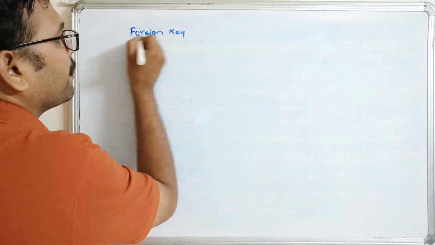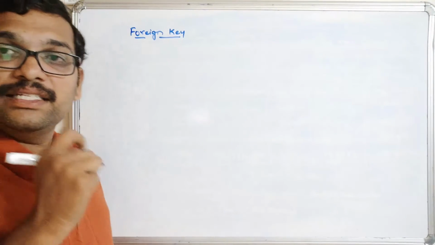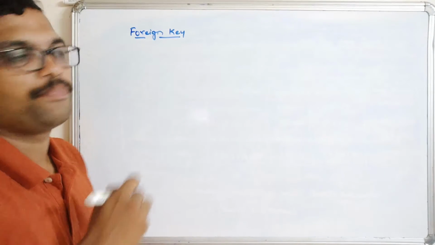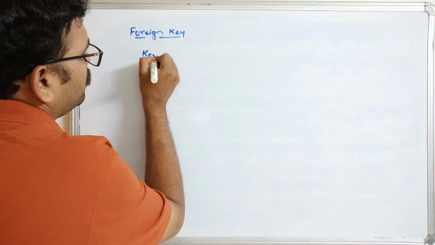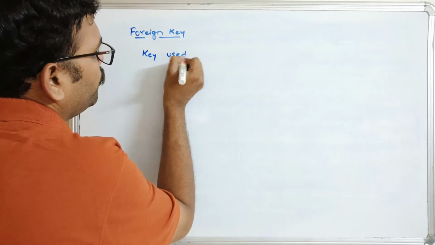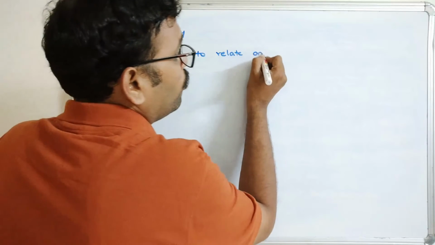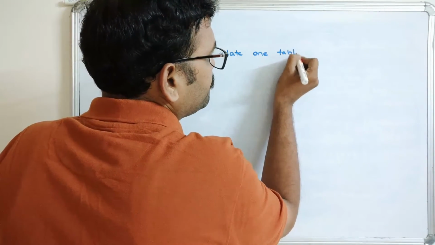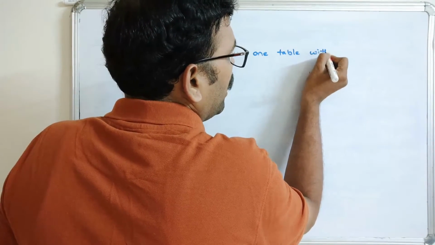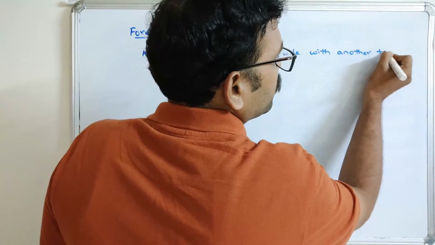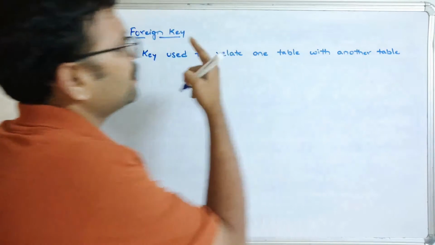Foreign key. A foreign key is a key which is used to relate one table with another table. This will be done with the help of the foreign key.